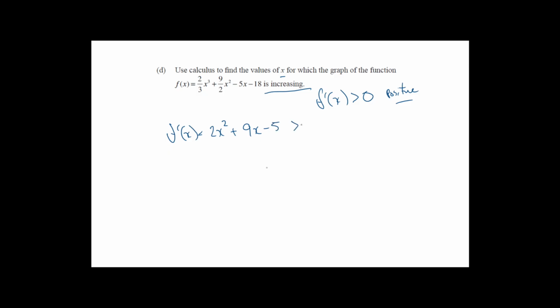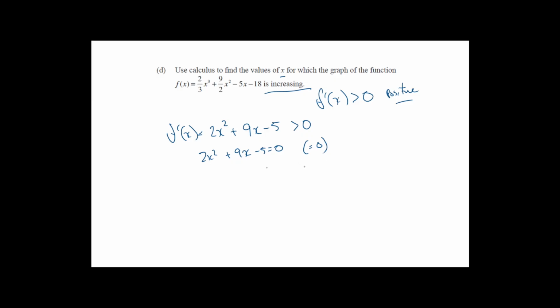We want the values for which that is greater than 0. So first thing we're going to do is find out where it equals 0. So 2x squared plus 9x minus 5 equals 0, and I think we're going to factorize this.